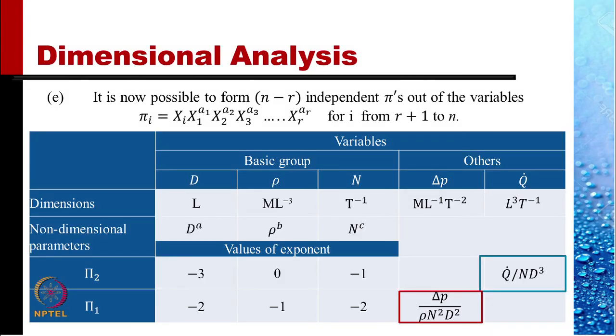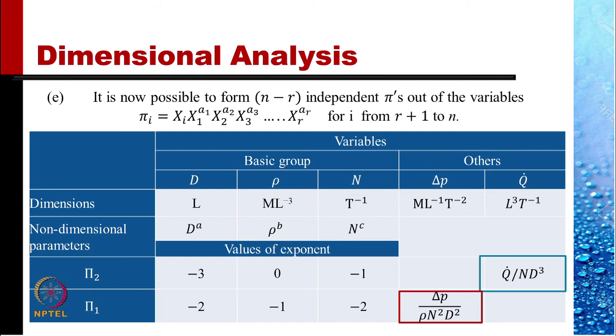We organize this in a table. We have chosen the basic group D, rho, and N. The other parameters are delta P, which is dependent, and Q dot, which is independent.